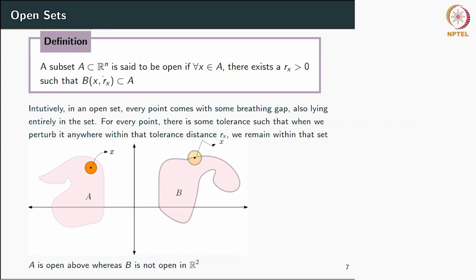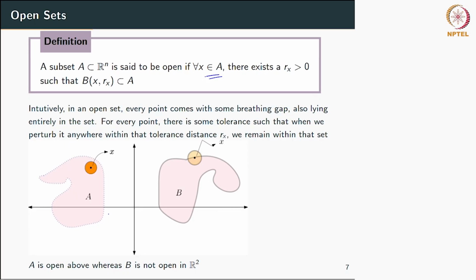Somebody gives you a candidate set A. A set A is said to be open if for all x in A, for every point in A, there exists a radius, which could depend on that point x, such that the ball with center x and radius r is strictly contained in the set A.